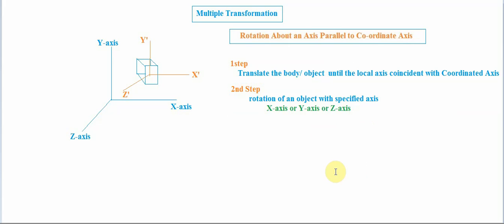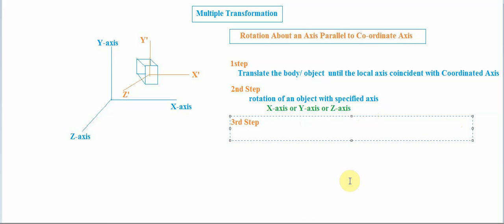After translating it to be coincident with the coordinate axis, then what we are going to do? What is the third step? Our third step is, after we have done the rotation, so now we have done the rotation.